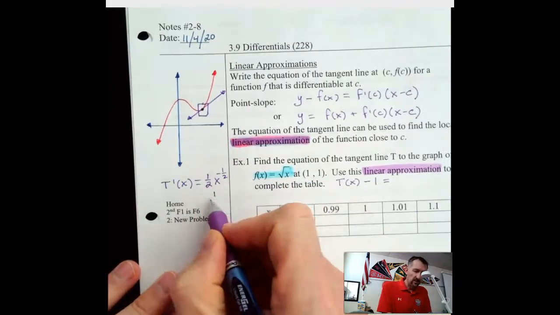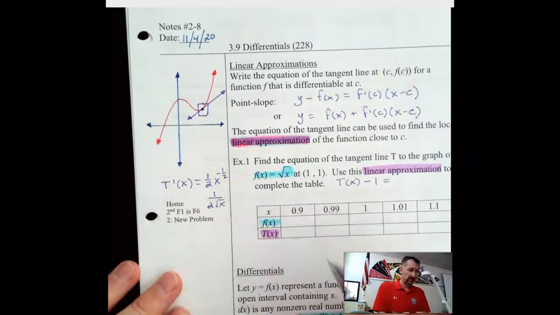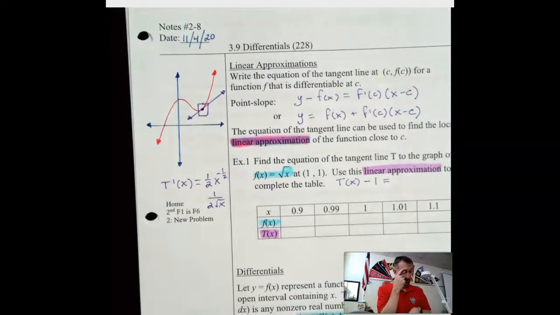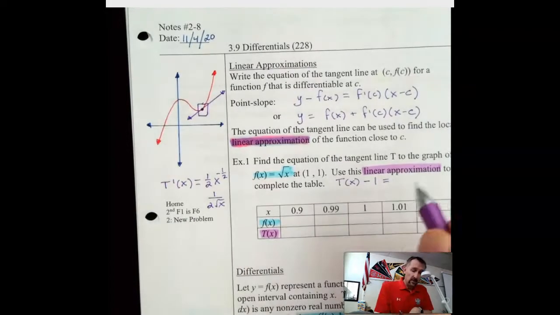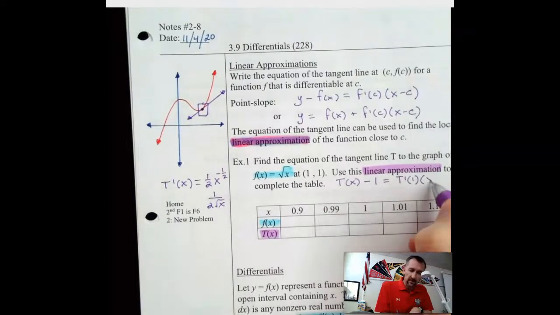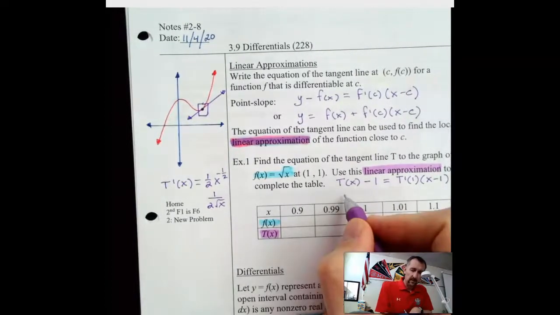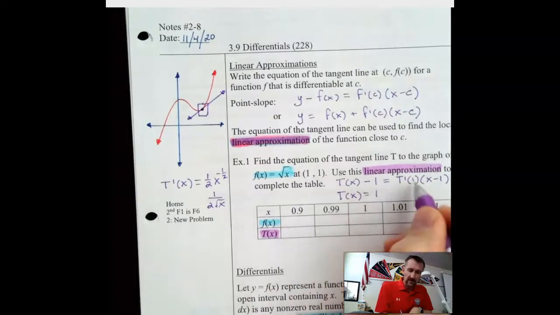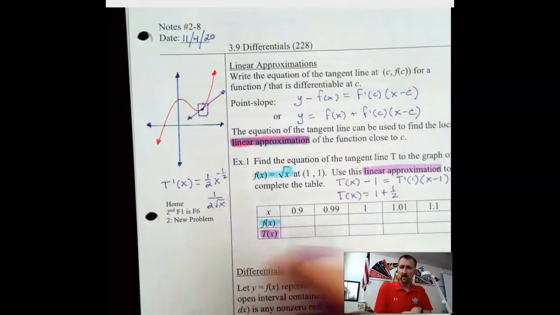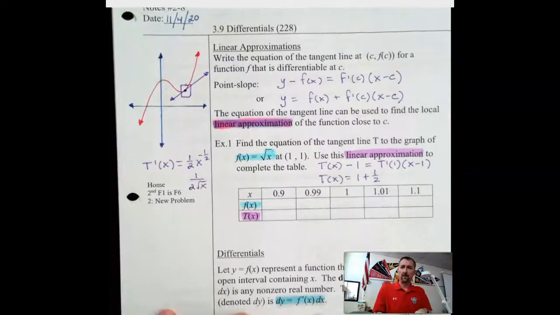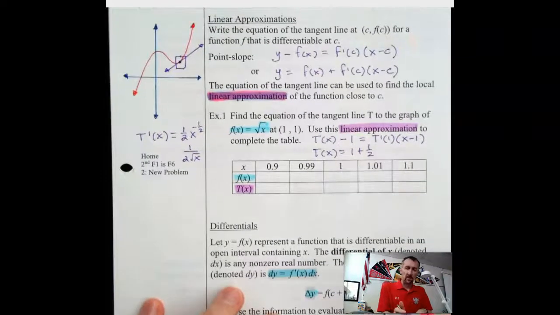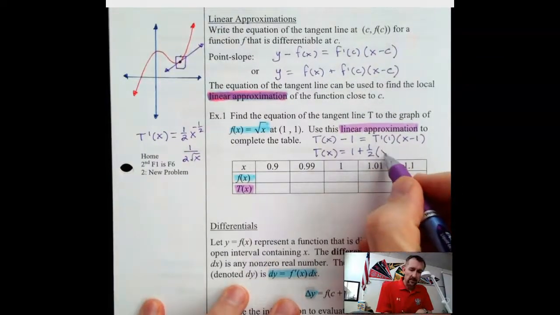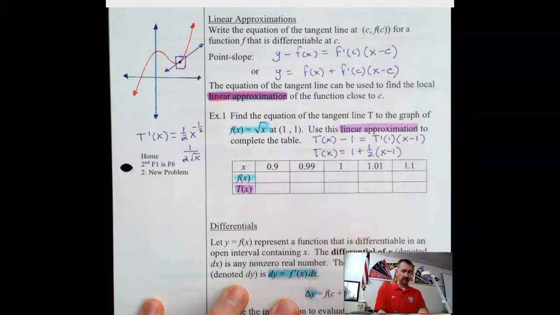So it's going to be 1 over 2 root x. All right. So we're going to want t prime at 1 and then times x minus 1. And then if we do that little switch, add 1 to the other side, that was 1/2. If we plug in 1, t prime of 1 is 1/2. And then this would still be x minus 1.